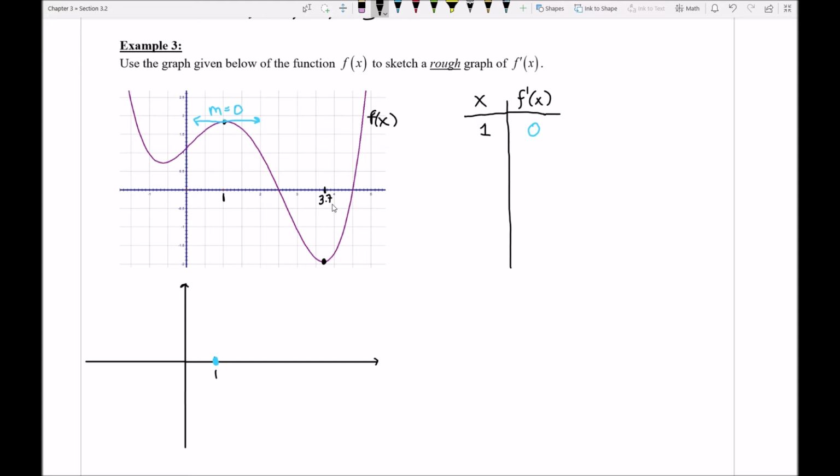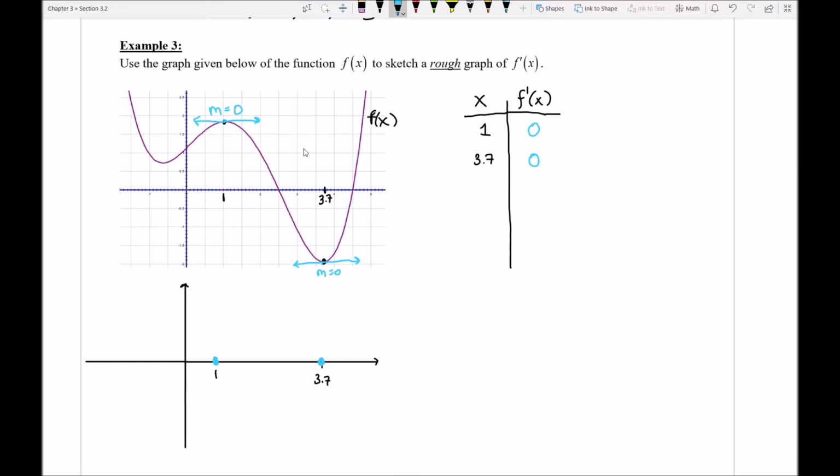I'm just eyeballing it right now. Again, I'm looking for a rough graph. But at this point, I'm going to get a horizontal tangent line that has slope 0. So I could say the slope 0 is obtained, at least roughly, when I plug in a number like 3.7. If I follow this down on this graph, about 3.7 is right here, and I know that I should have the point (3.7, 0) in this picture.